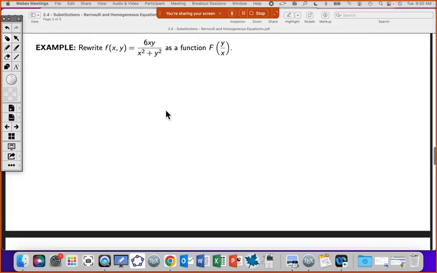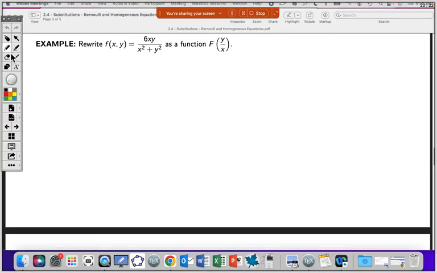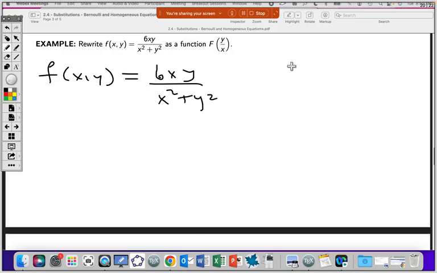So just to talk about this substitution here, here's our f of x, y is 6xy over x squared plus y squared. If we make the substitution u equals y over x, we can also think of this as letting y equals u times x.